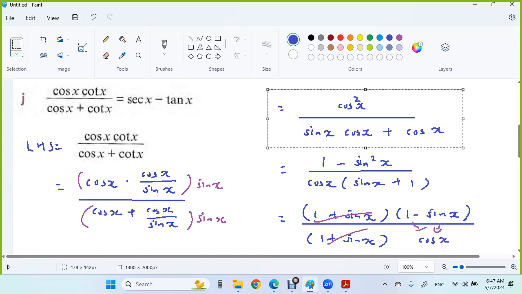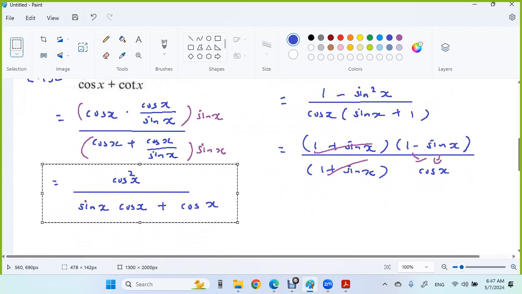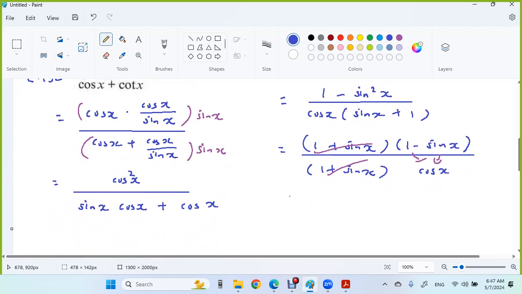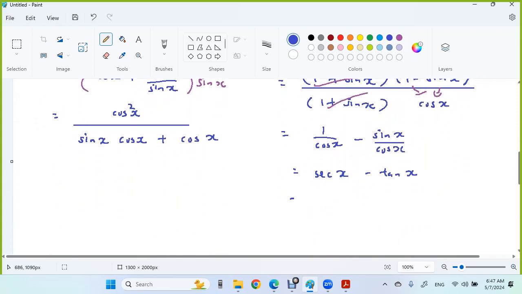Then we will have this equal to the 1 over cos x minus sine x over cos x. Then this is the secant x minus tangent x. Yes, that is the right hand side.